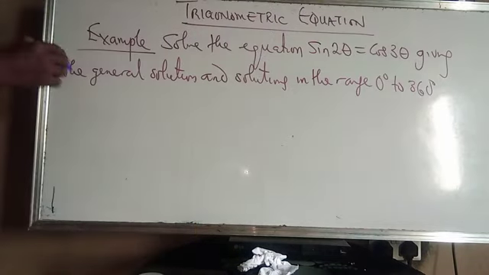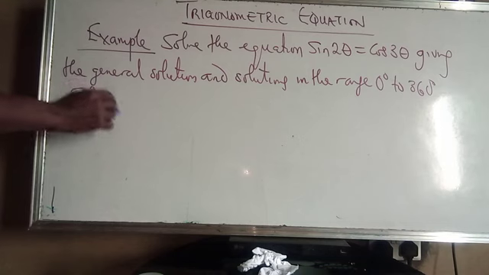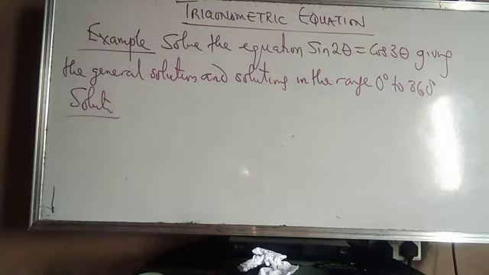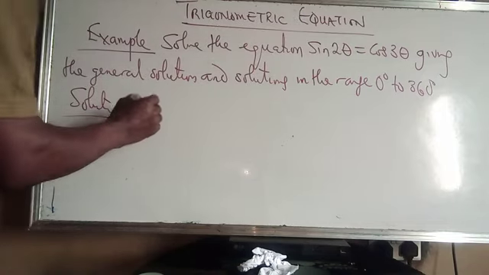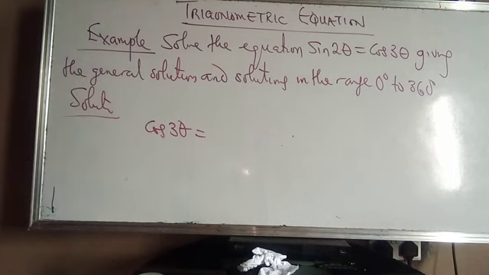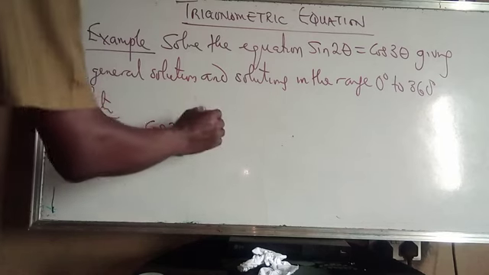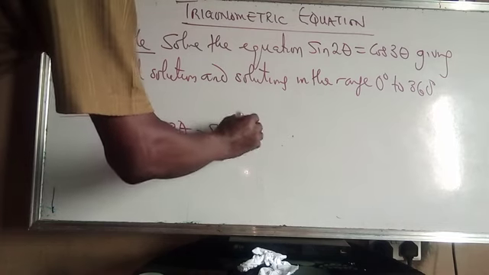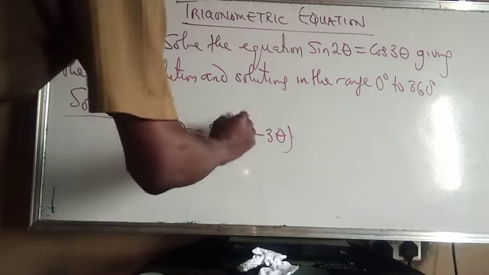Now, to solve this, first of all, we have to show that this is equal to this. Picking up cos 3 theta, if you can remember our cosine cofunctions rule, this will be sine 90 degrees minus 3 theta.